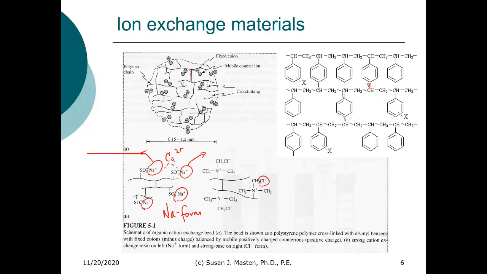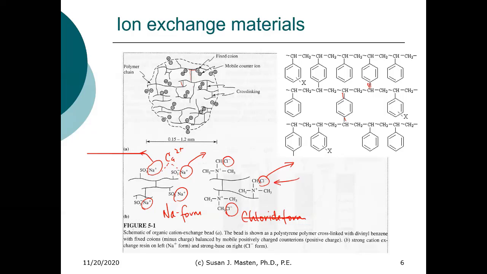In this case, we have a resin in the chloride form, and that chloride can be exchanged, for instance, for a nitrate. So it's exchanged on an ion basis, but we always have to maintain charge.